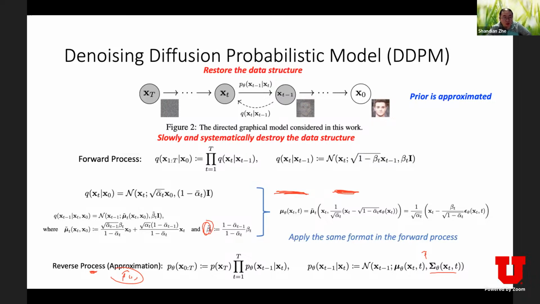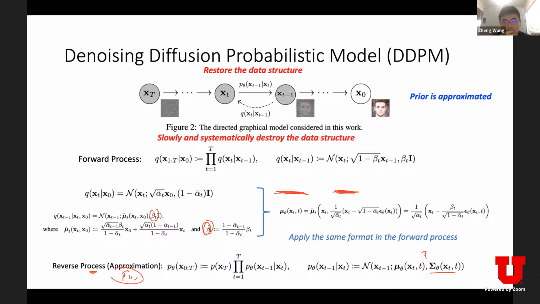I think they use the same beta hat t, beta theta t. Yes, the notation sigma theta t is parameterized. They just let this sigma theta equal to beta t, to make the diffusion term exactly the same.